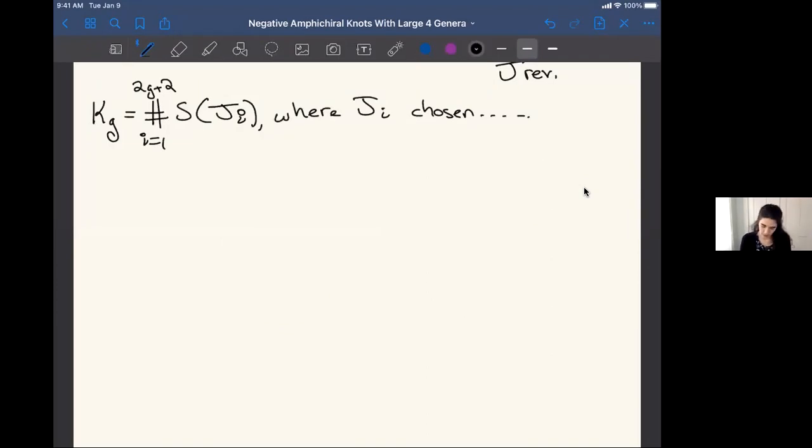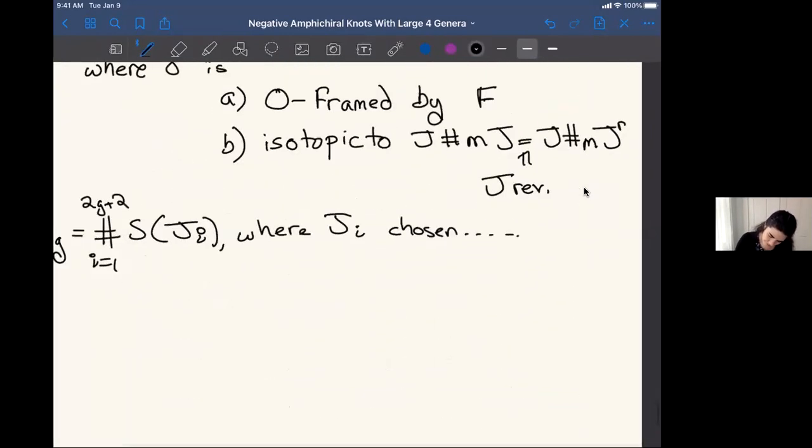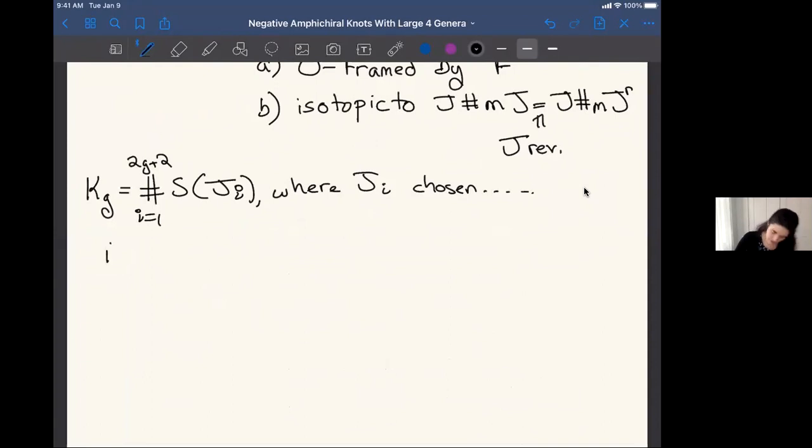In particular, I promised that Casson-Gordon signatures were the key invariants here. So what are the Casson-Gordon signatures of these K_g? The useful fact I'm going to say first is that Casson-Gordon signatures are additive with respect to connected sum.